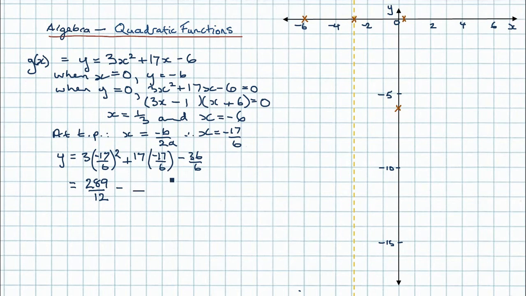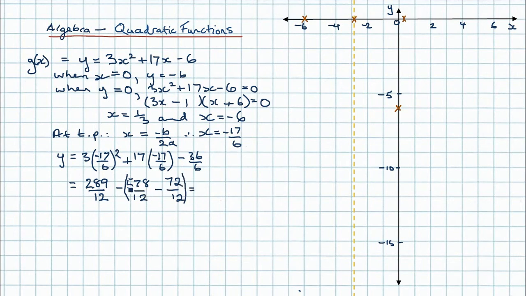Okay, 578 divided by 12. So there we go. That's done that bit, and now I can double this to get 12ths again. So I've got 72 divided by 12. So everything over 12. And so I can tidy this up.